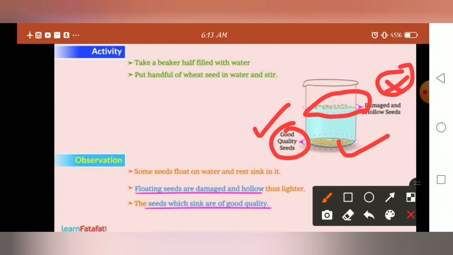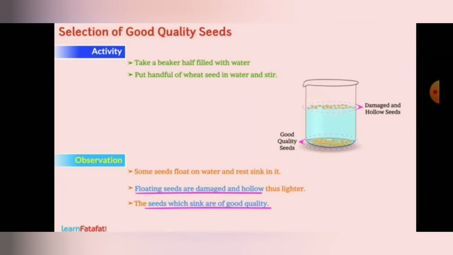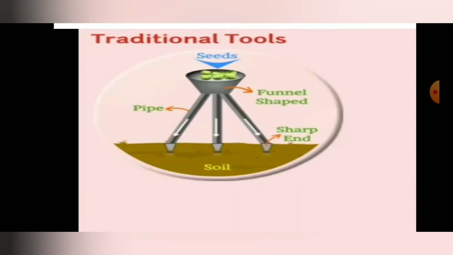Understood? So like this, we can select good quality seeds for the sowing process. Understood, students? Yes. This activity can be performed by you also. Take a half-full beaker of water, place any kind of seeds in it, and you can observe the good quality and low quality seeds. Do the activity at home.